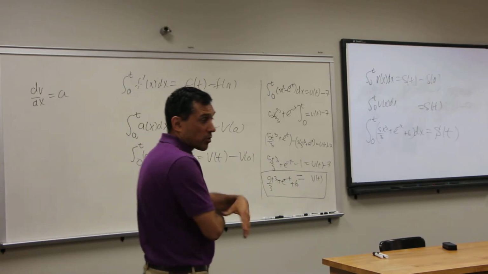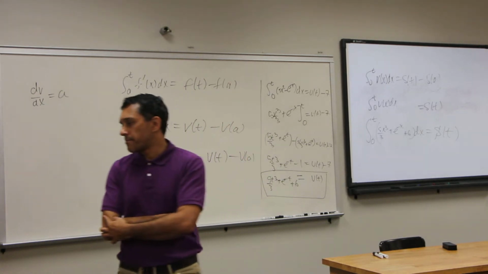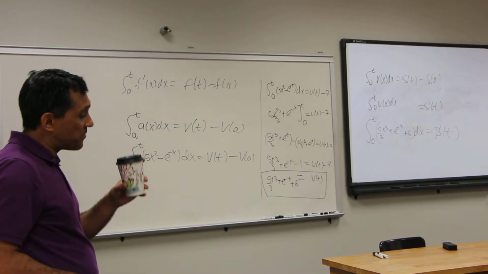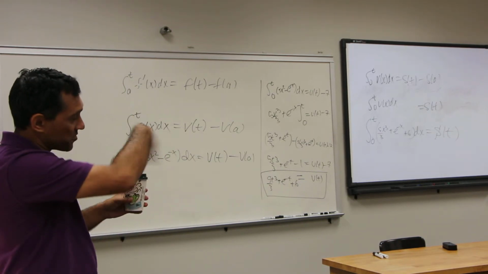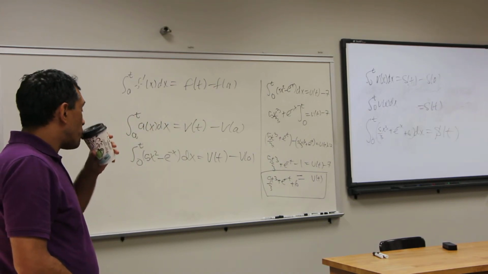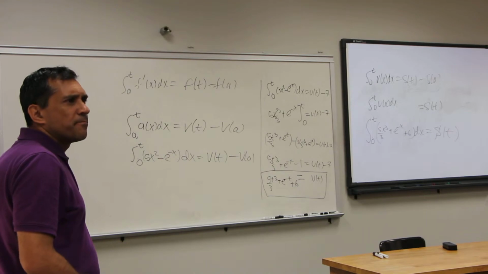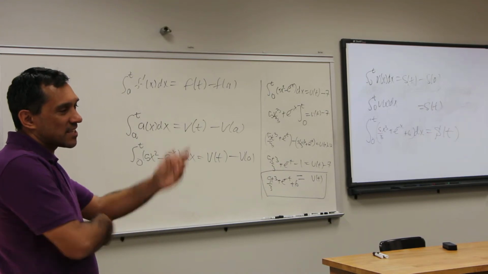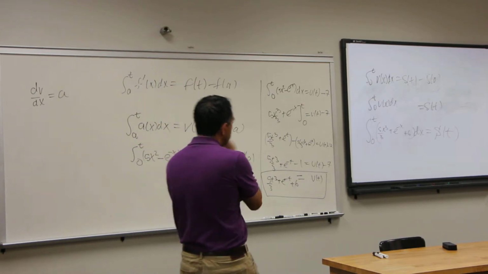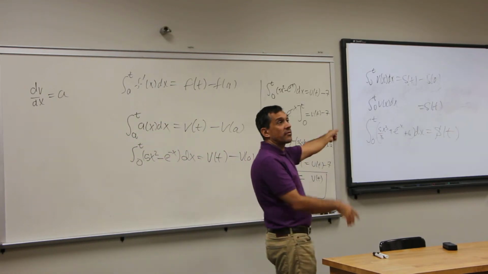And now it's a calculus 1 problem. As a matter of fact, if you had me as a calculus 1 professor, all of this would be calculus 1. Is that correct, Ms. Jasmina? So now we have to find the antiderivative.